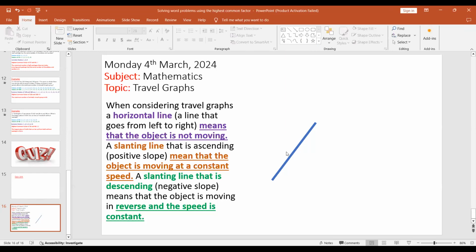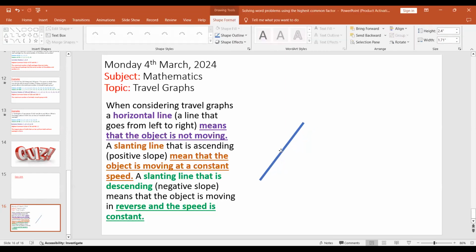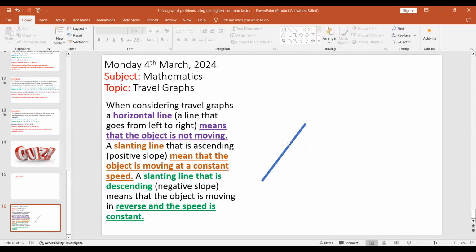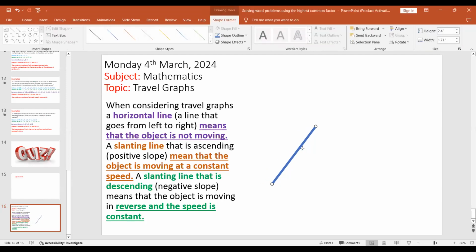It's going back in the direction where it started from, heading back along the same path from the opposite direction.